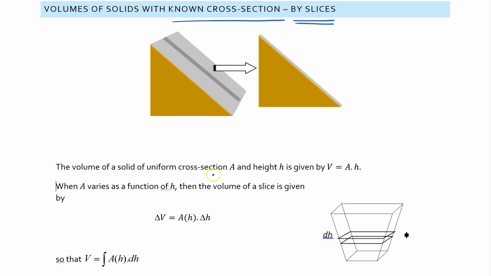So if we have a uniform cross-section A and a height h, the volume of a solid we know from junior school is given by A times h.